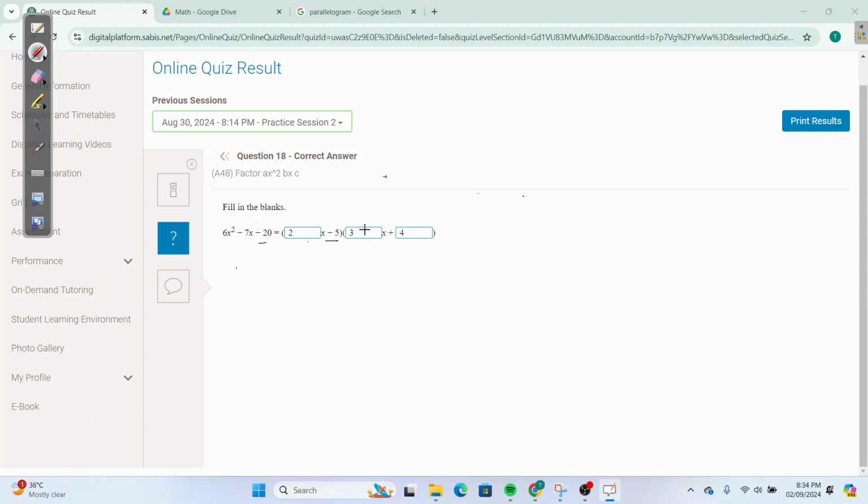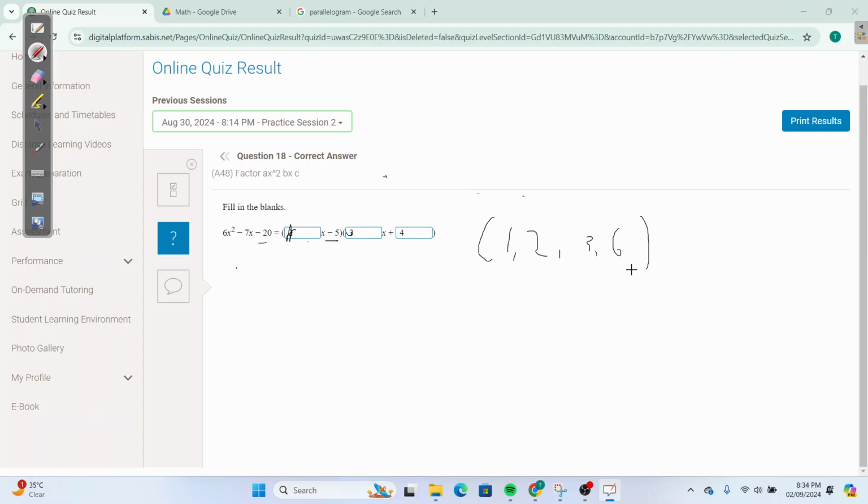Now, this is where it's going to get a little tricky because they don't give you enough given to find 6x squared. Actually, no, you do if you think about it, because if they were to express it as 6x minus 5 into 1x, which doesn't exist, because the factors of 6 are 1, 6, 2, and 3.